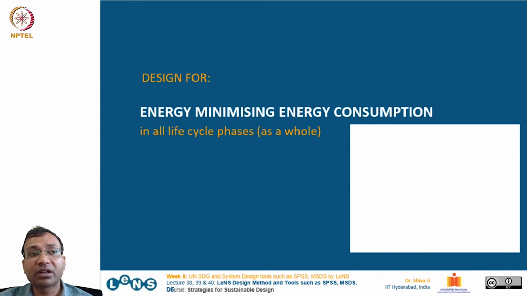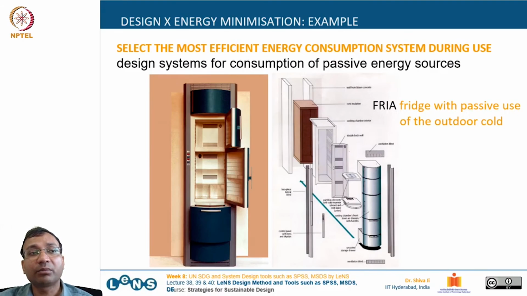Further, we will see minimizing energy consumption in products. We have this case example over here. The objective, the strategy, is design for energy minimization. The example is to select the most efficient energy consumption system during use, so design the system for consumption of passive energy sources. It's a simple refrigerator given over here, a fridge with passive use of the outdoor cold.